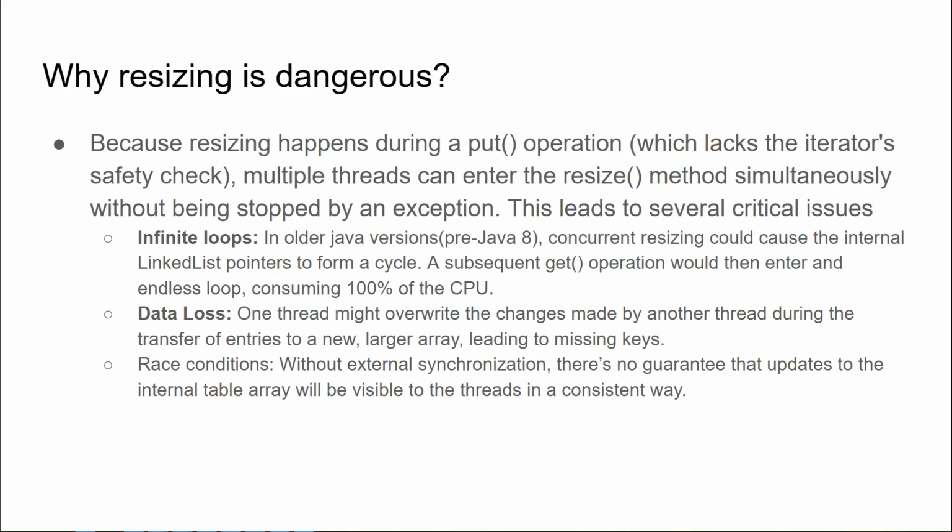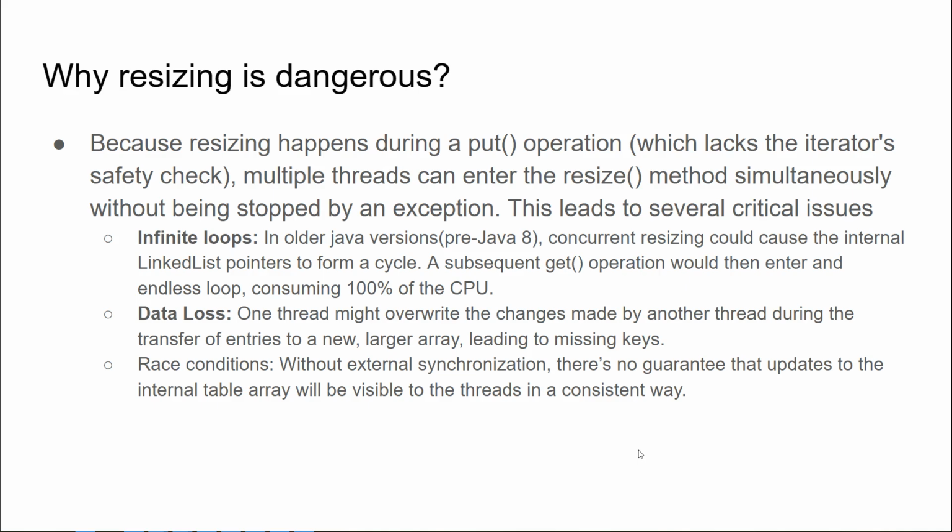Okay, after you are resizing, a subsequent get operation could then enter into an endless loop consuming 100% of the CPU. In this case, only pre-Java 8. Okay, but these two other cases are still likely to happen.